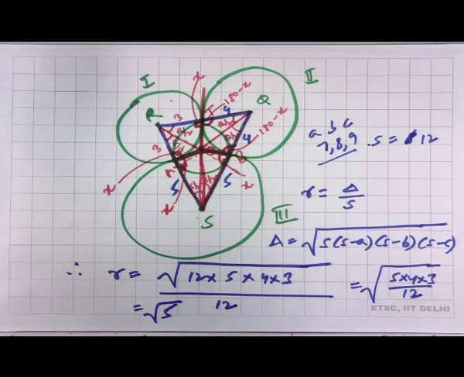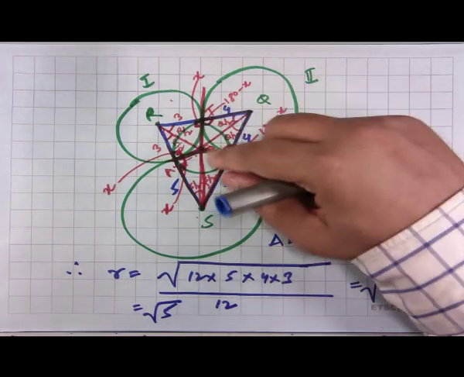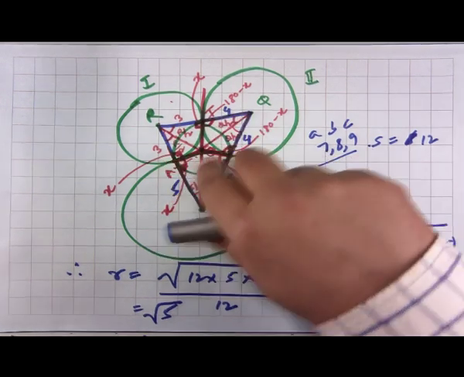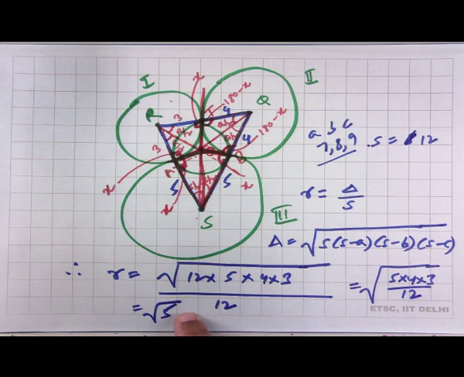So, the answer is that this distance from the point of intersection of the tangents to the point of contact of the circles is equal to square root of 5. So, this finishes the solution to this problem.